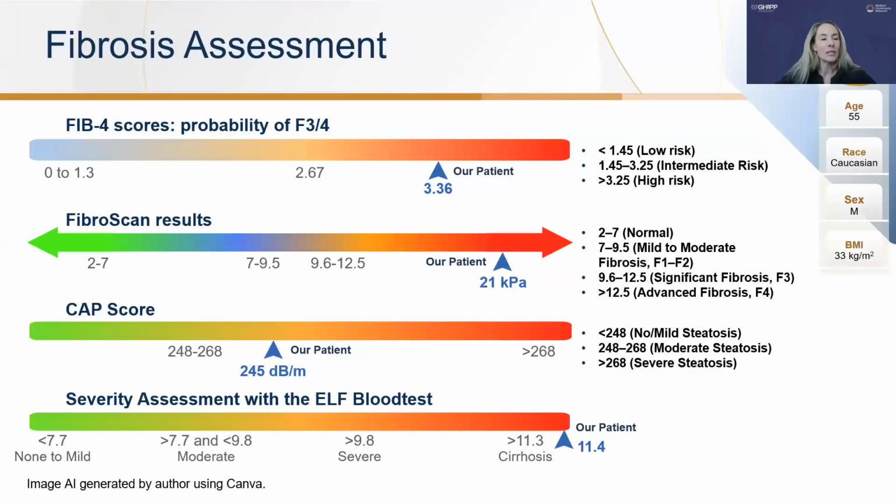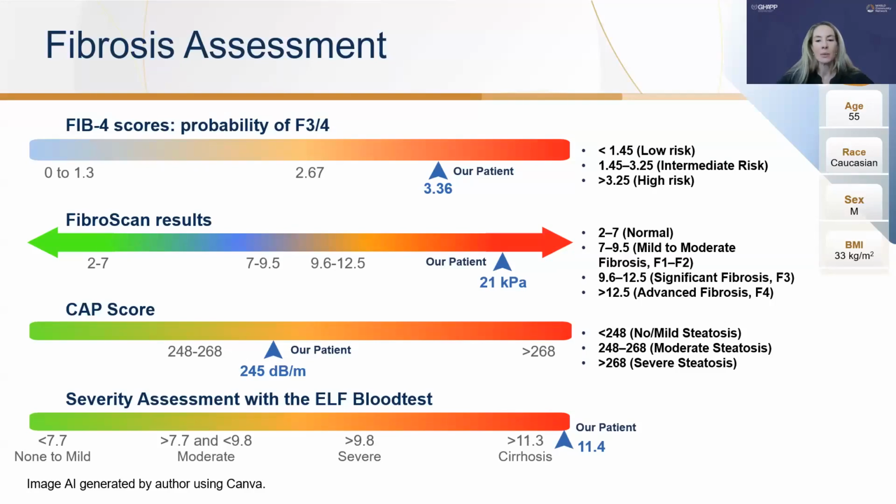Okay, so in this patient's case, we do a FIB4, again, using the platelet count, AST, ALT. And this time his FIB4 comes back at 3.36, so well within that high risk range for advanced fibrosis. So this patient definitely needs some secondary testing. We do a FibroScan. And again, we're going to assume here this is a good quality study.